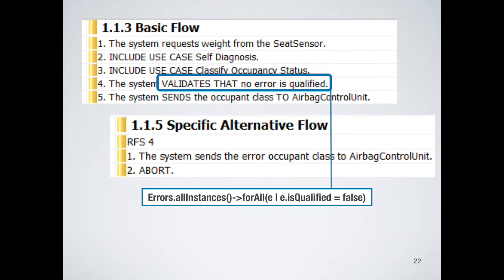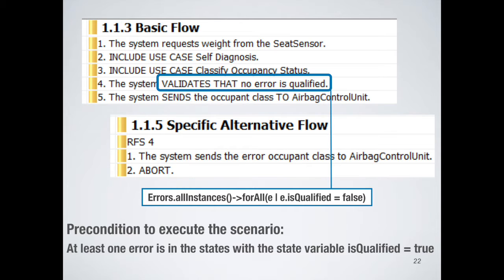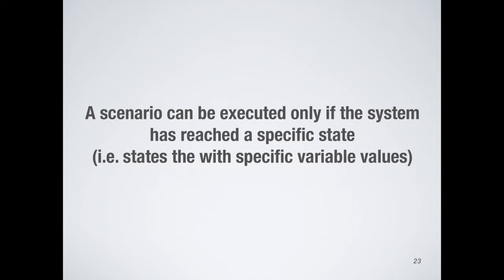From the OCL constraint attached to the validation step, we can know that the precondition to execute the scenario that covers the alternative flow requires at least one error was in the state with the state variable is qualified equal to true. In other words, the dependency is a scenario can be executed only if the system has reached a specific state.